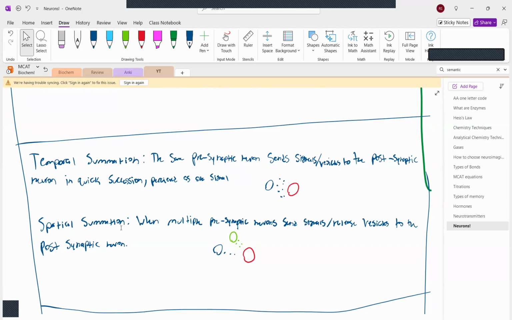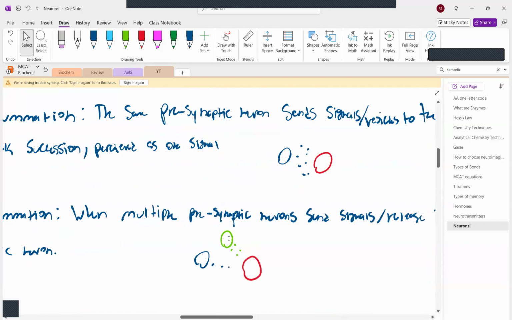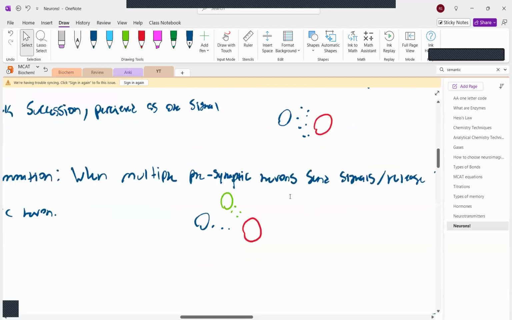You could totally have a cell, like let's say this green presynaptic neuron, that's sending an excitatory signal, but this blue one is sending an inhibitory signal. So it's very likely that they would cancel out, or maybe one is slightly stronger than the other, but as long as it doesn't reach that -55 threshold at the axon hillock, you can't send out an action potential.